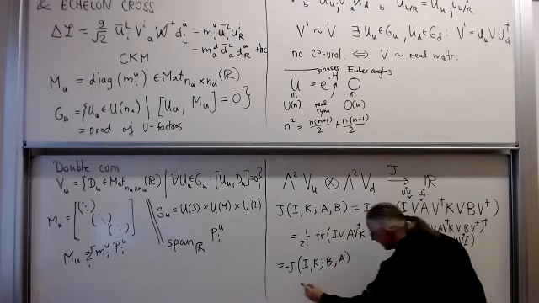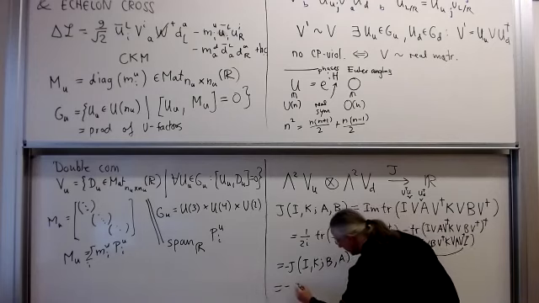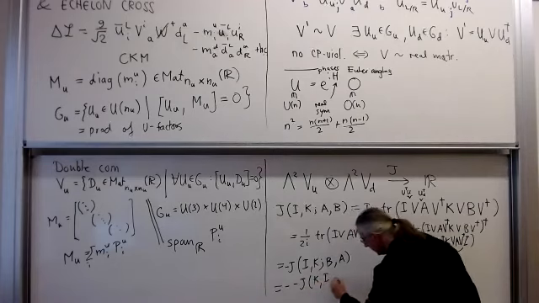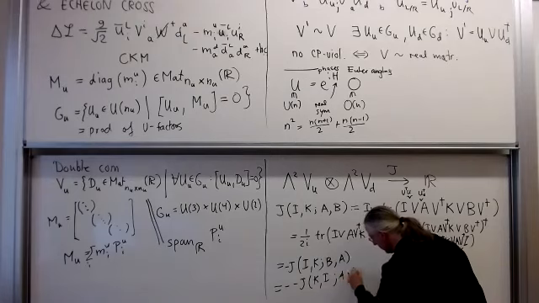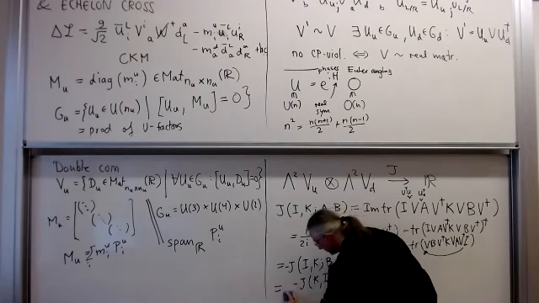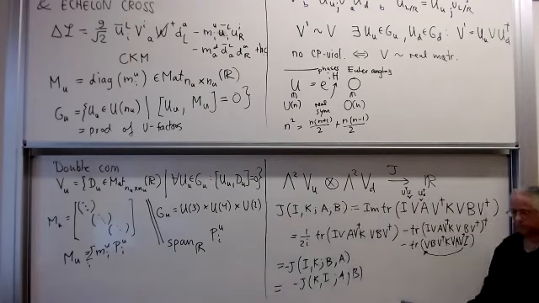And of course a similar argument shows that it's also antisymmetric in the two first elements, K and I, and A and B, like this. I guess there should only be one minus. There.